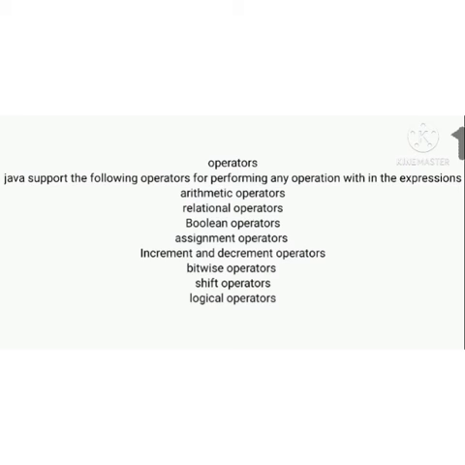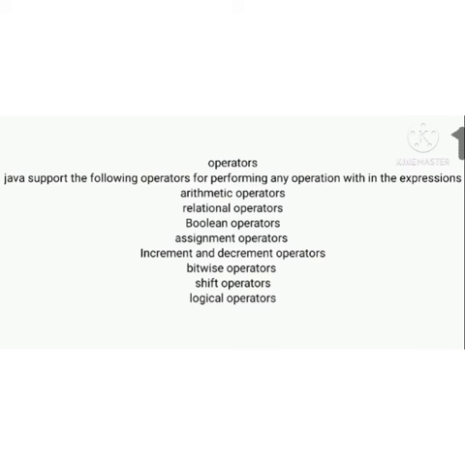Next one is increment and decrement. Increment is used to increase the value by 1. Decrement is used to decrease the value. And next one is bitwise operators. We have bitwise AND operator, bitwise OR operator, bitwise XOR operator, bitwise complement operator also.